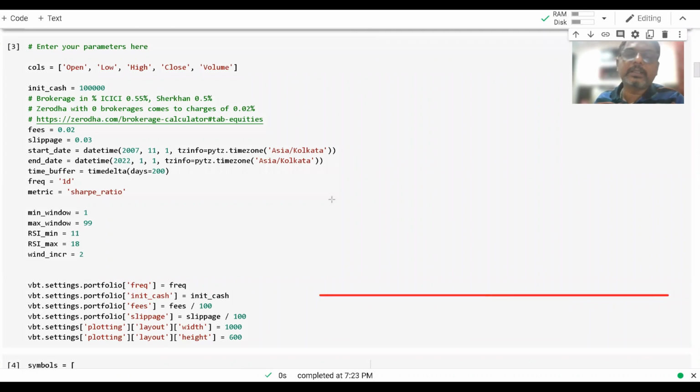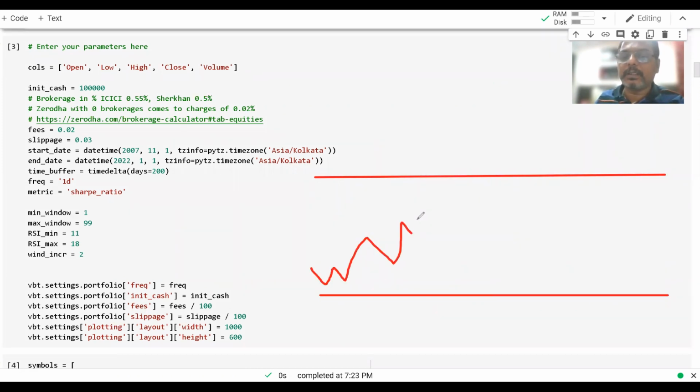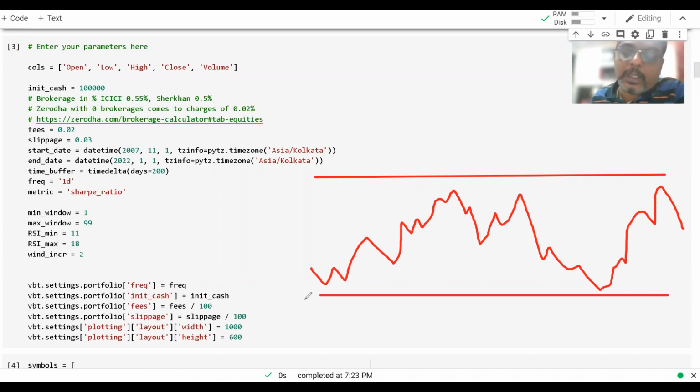Your RSI goes from 0 to 90, and it will go something like this. It'll go up and then come down, go up and come down. This particular strategy talks about buying. Let me change the color.